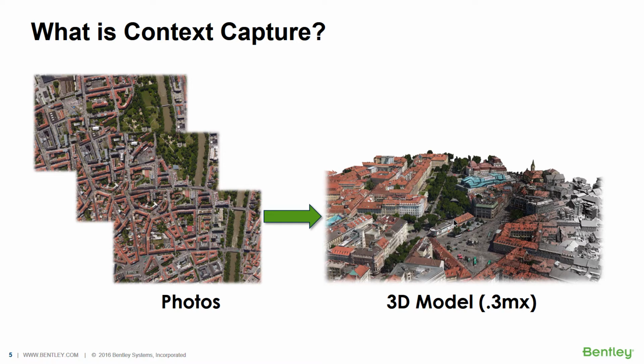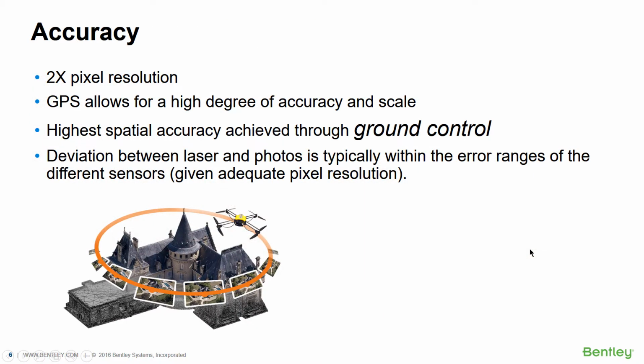Context capture takes a series of digital photographs, and with other machine vision technology, it can construct a three-dimensional model from those two-dimensional digital photographs. Then MicroStation can take that in and do all sorts of interesting things with it.